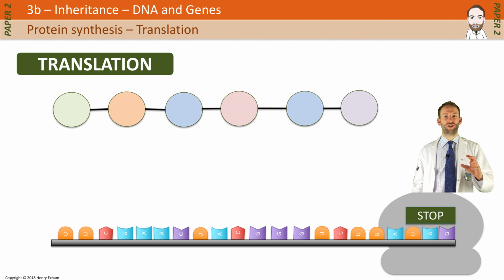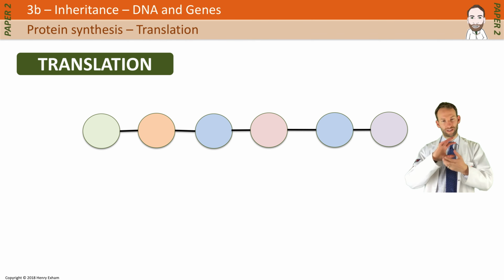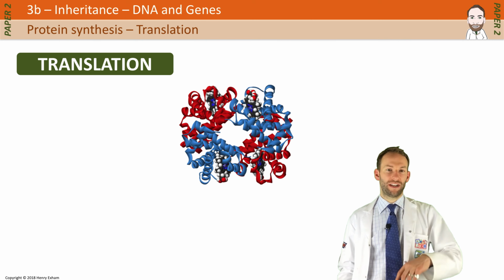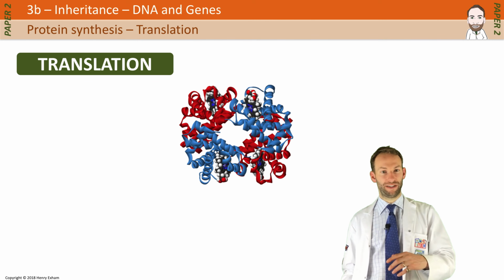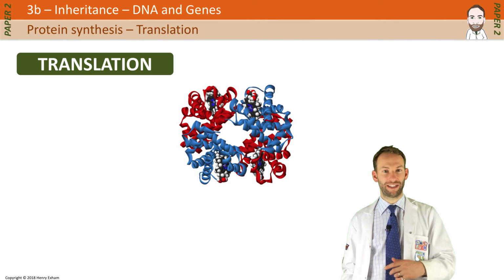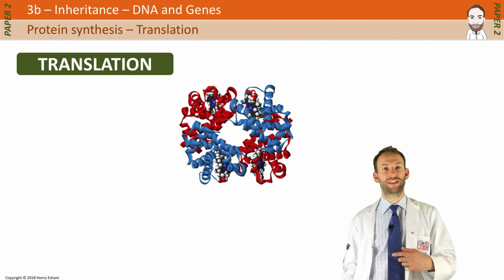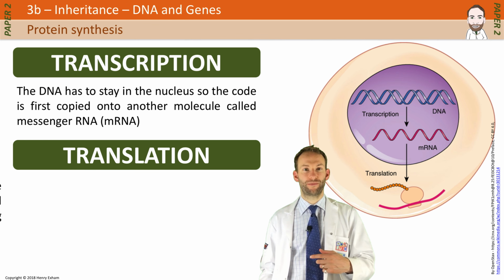That amino acid chain goes off and gets folded up into one of those really cool complex 3D protein molecules. Then the messenger RNA gets released and can be reused, the ribosome can be reused, and the process can start all over again. So that is transcription and translation.